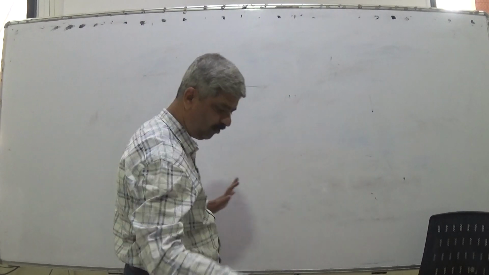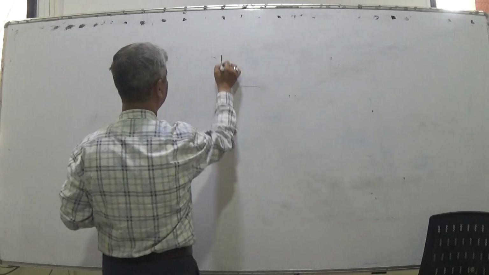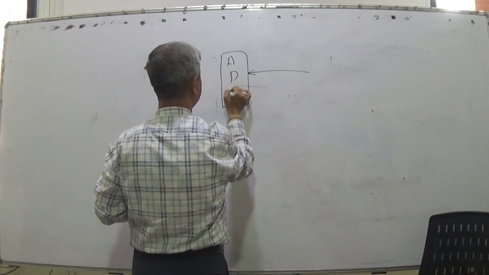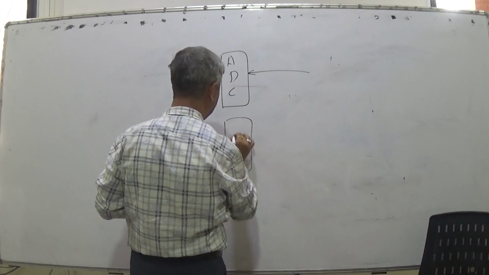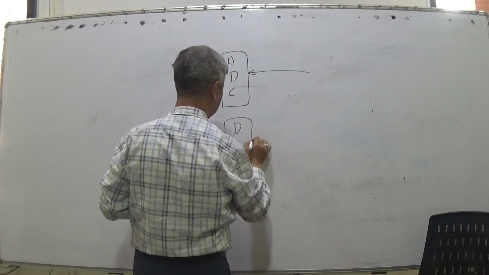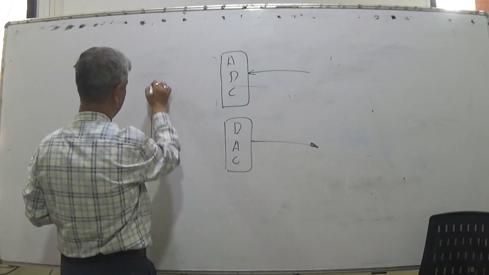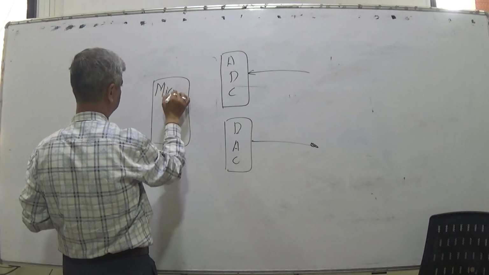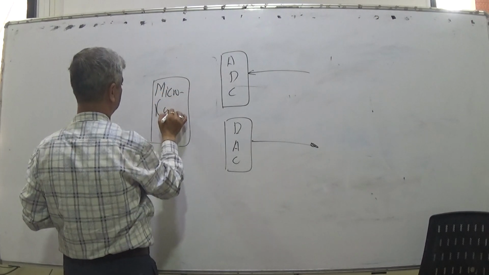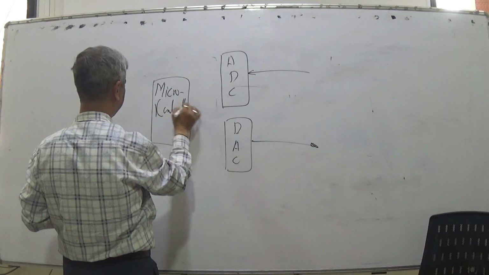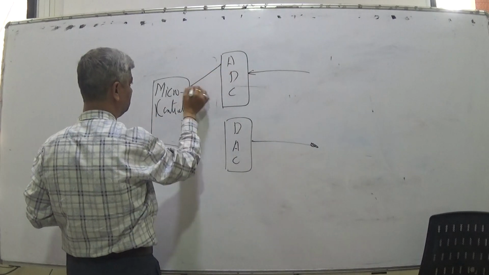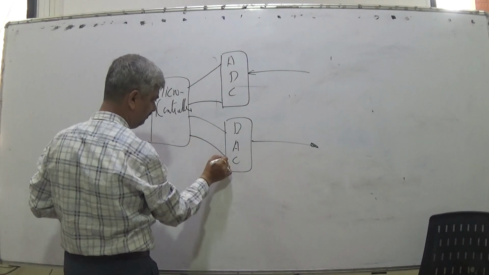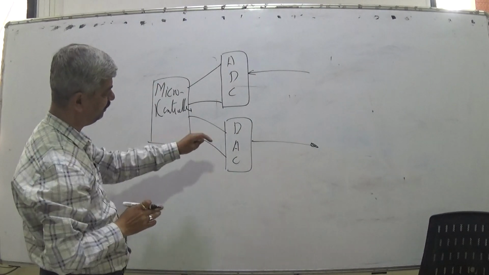On a block schematic level, ADC takes continuous input, DAC gives continuous output, and this is the microcontroller. So this ADC is connected to the microcontroller, it may be inside, that's not a major issue. DAC is connected to the microcontroller again.